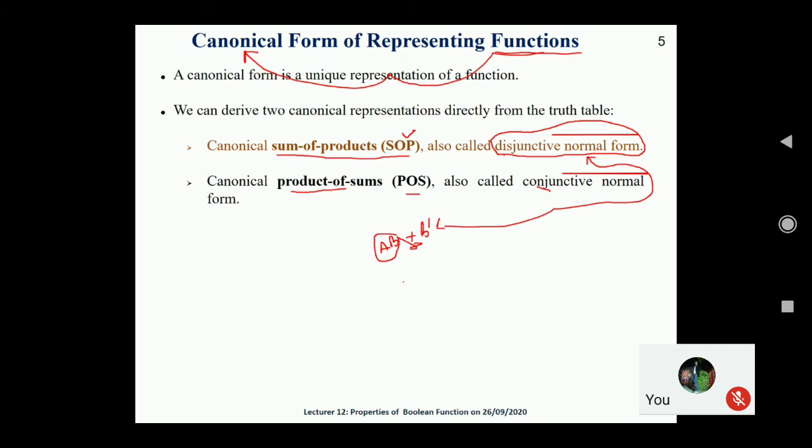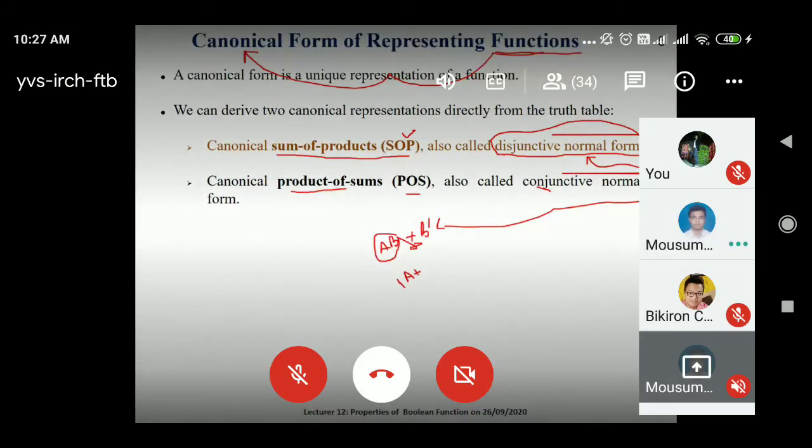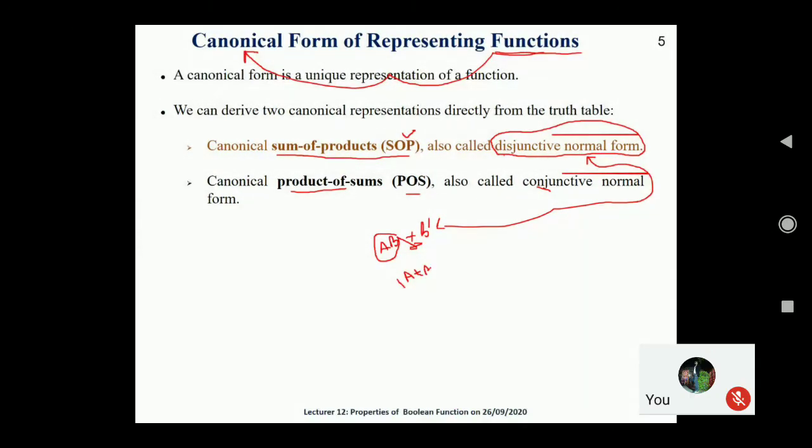And same thing, if you are writing A this way, A plus B, and after that we are using a product term. And we are writing here, suppose, B bar plus C. That time this one is called a product of sum.